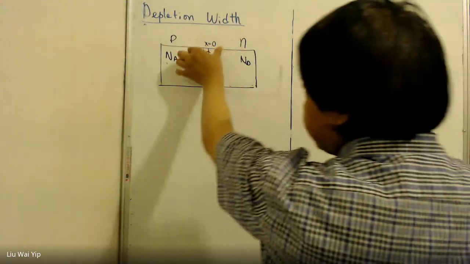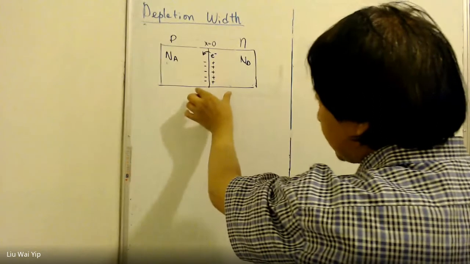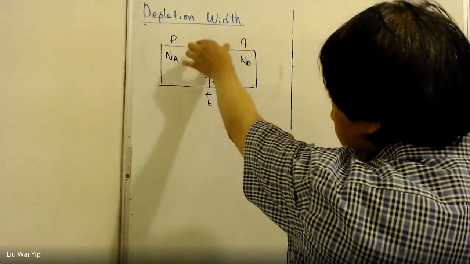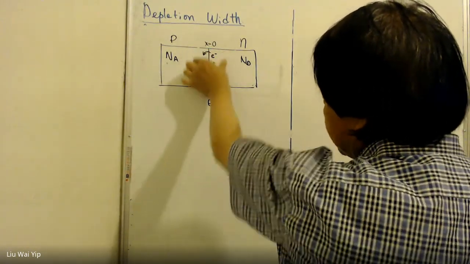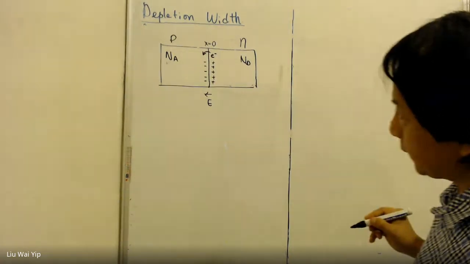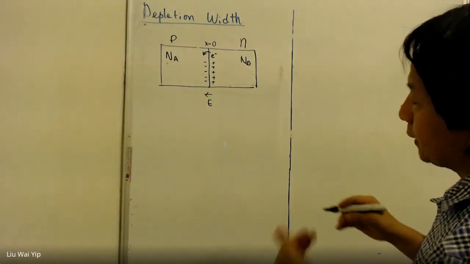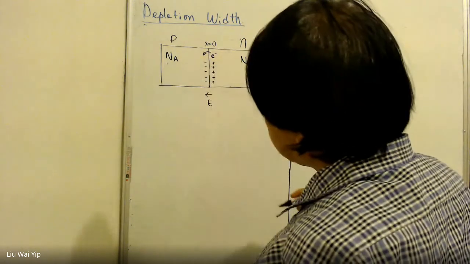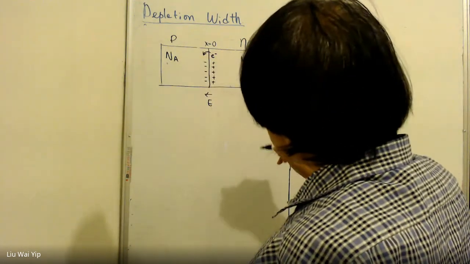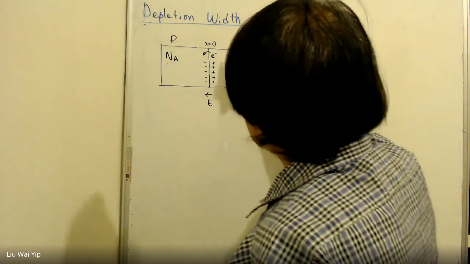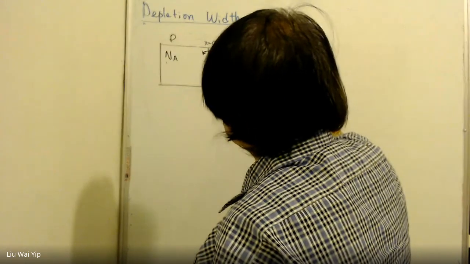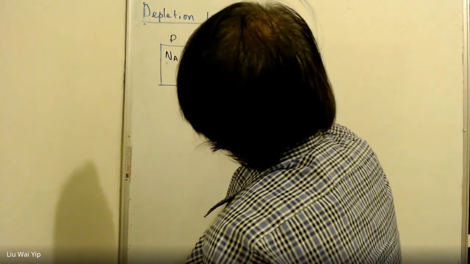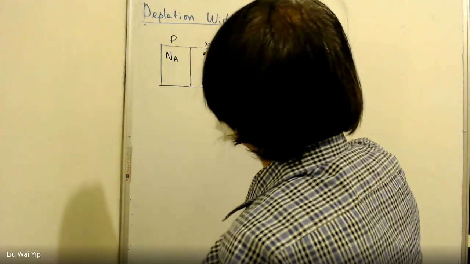And as a result of the imbalanced charges right at the contact interface, we have a region of imbalanced charge. This region is the so-called depletion layer, or depletion region.